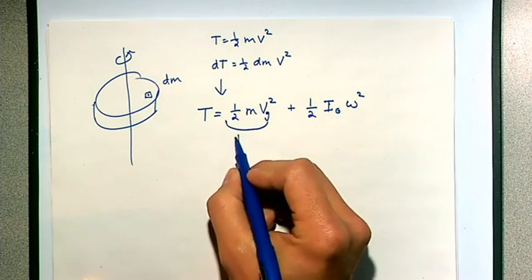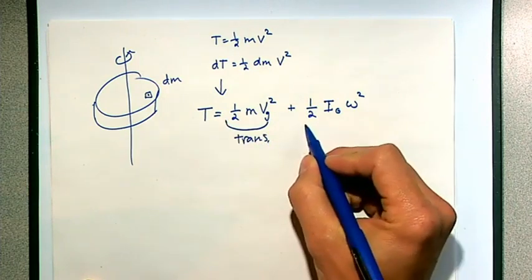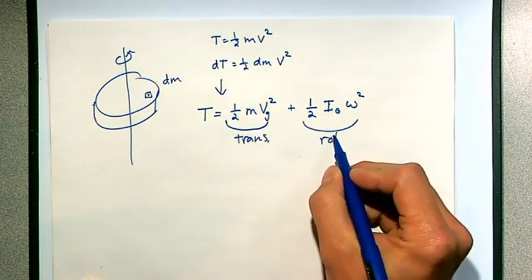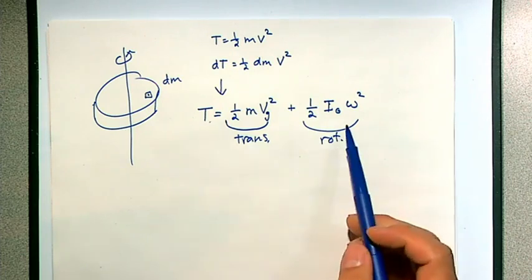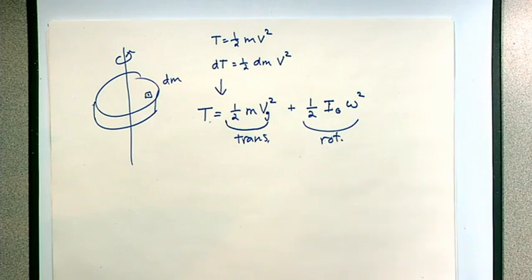So we can think of this first part as our translation, and the second part as our rotation. So now for these rigid bodies, we're developing a way to account for kinetic energy if that body isn't moving anywhere, but it is actually rotating.